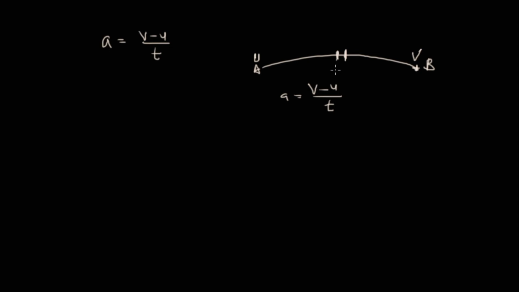And in that case, the time interval will be very, very small compared to the whole journey. As a result, the limiting value of the acceleration, the instantaneous acceleration, is equal to the limiting value of the change in the velocity upon the time when the change in time tends to 0, when the change in time is very, very small.